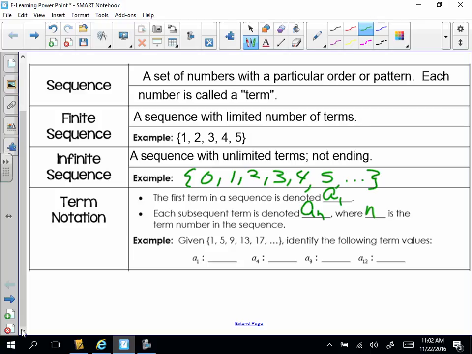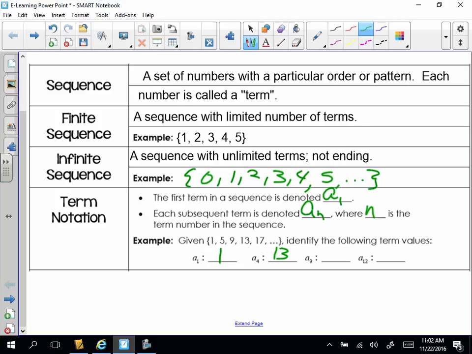So if I'm giving you a sequence 1, 5, 9, 13, 17, and I want you to identify the following term values. Well, the first two are easy because we can tell from what we've got here. The first one is 1. The fourth one is 13. But if I was going to have to find 9 and 12, I'd have to look at that sequence.